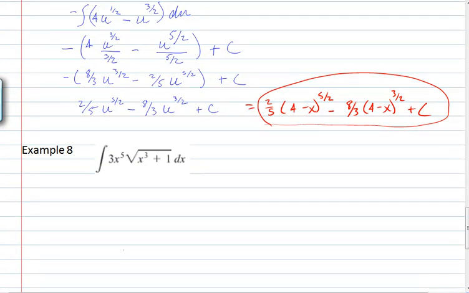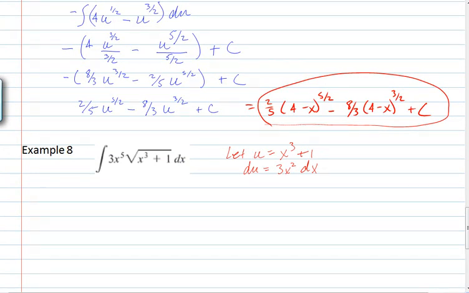Example 8. What might we let u be equal to here? I'm going to let u be equal to x cubed plus 1. du is equal to... I don't have a 3x squared dx.